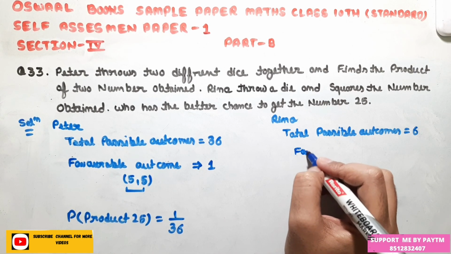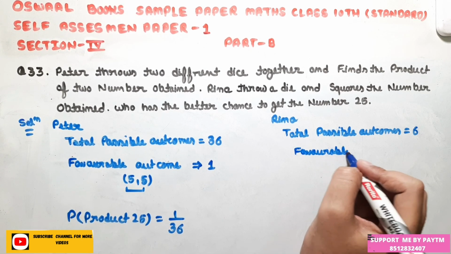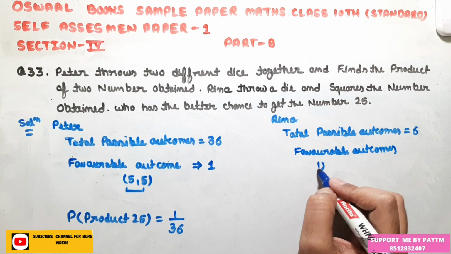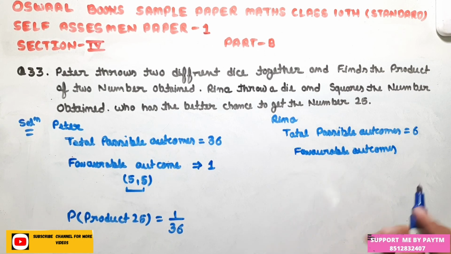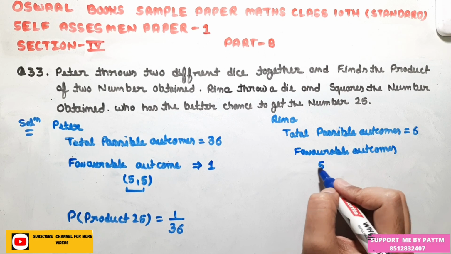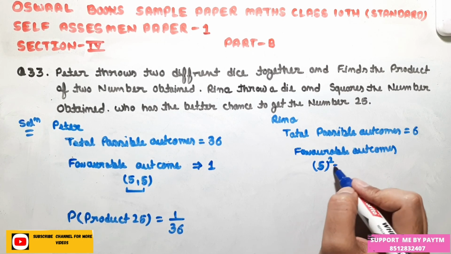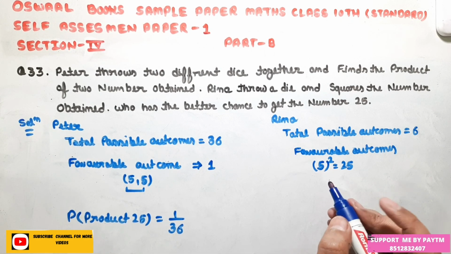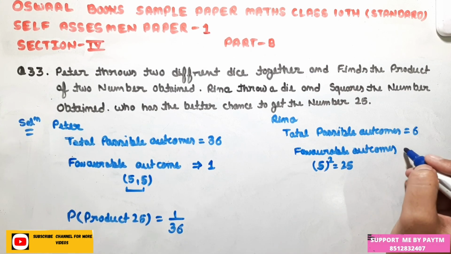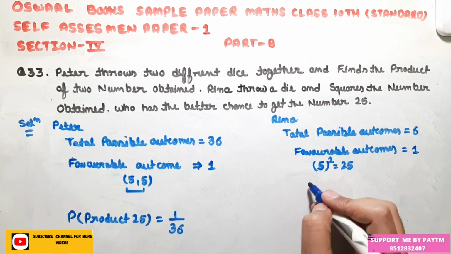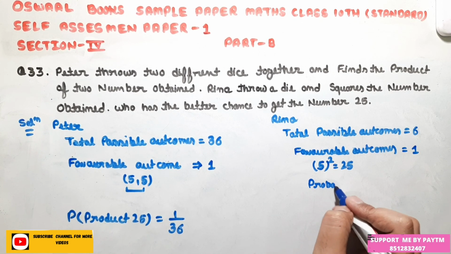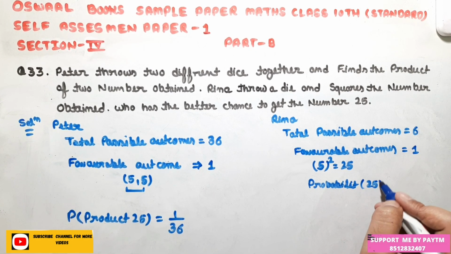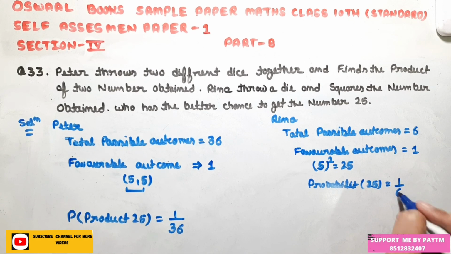So the favorable outcome will be only 1, that is 5, because the square of 5 will be 25. So when 5 comes on the dice, the square of 5 will be 25. So the favorable outcome will be 1. So the probability of getting 25 will be 1 upon 6.